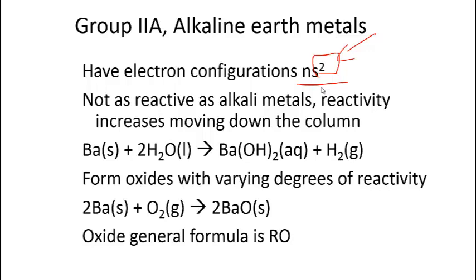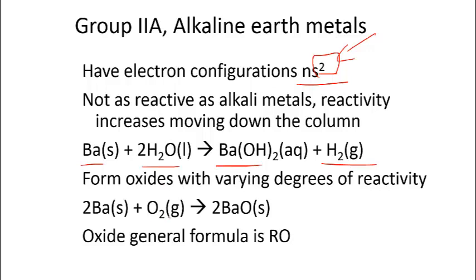Now, these elements also react with water to produce hydrogen gas and a metal hydroxide compound. For instance, barium solid, when in the presence of H2O, will form barium hydroxide and hydrogen gas. The alkaline earth metals form oxides as well, but with varying degrees of reactivity.